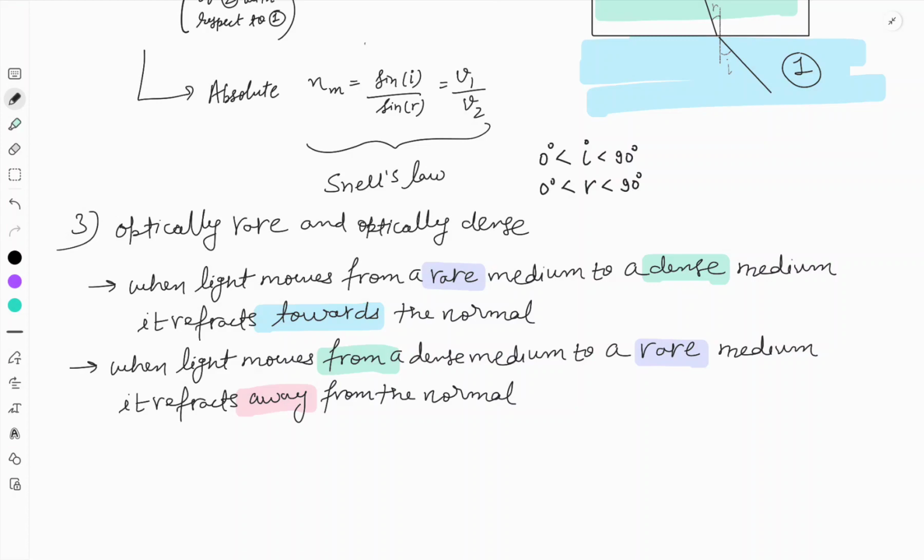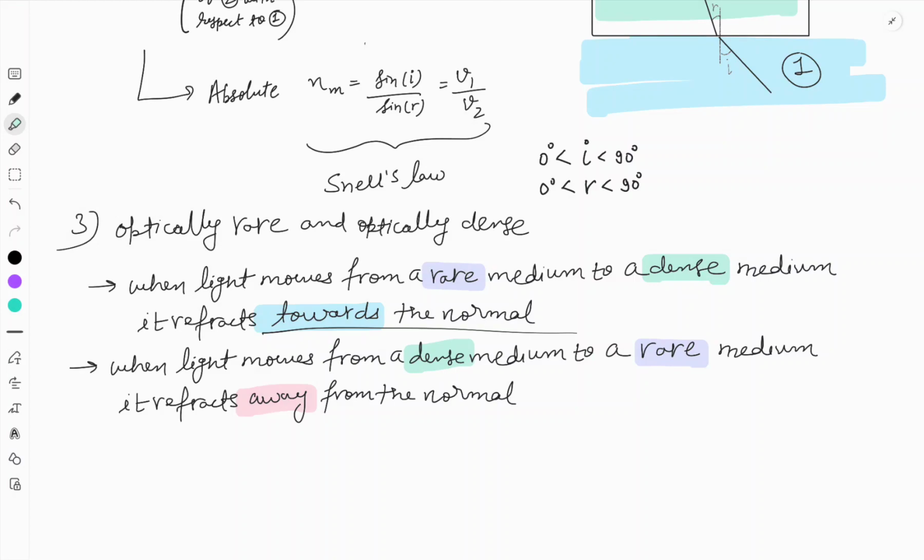And the crucial thing that we learned in the last video is that when light moves from a rare medium to a dense medium, it refracts towards the normal, and when light moves from a dense medium to a rare medium, then it refracts away from the normal.